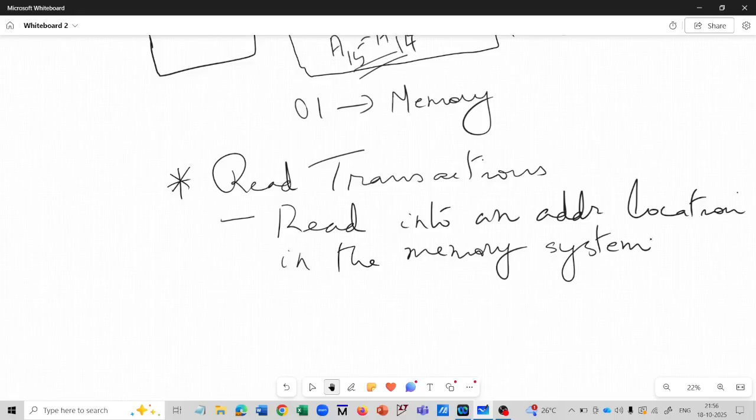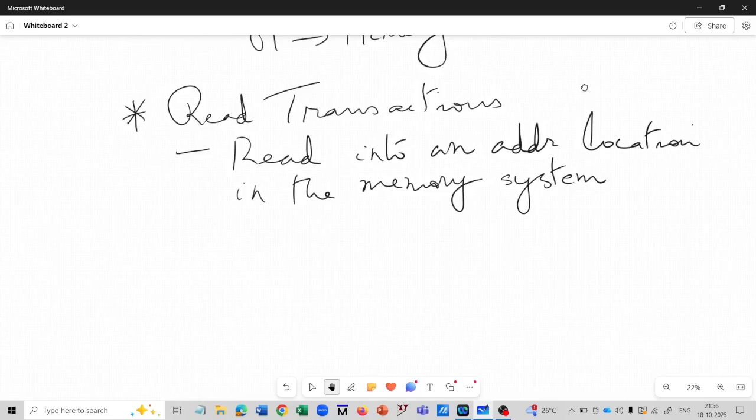That is, the processor will place the address 01, which is meant for this memory system, and the rest of the address bits will have some address location which the processor desires to access. And of course, the higher order address bits will be translated into the chip select by the decoding logic, and combined with the read, it will signify a read request from the processor into a location in the memory.